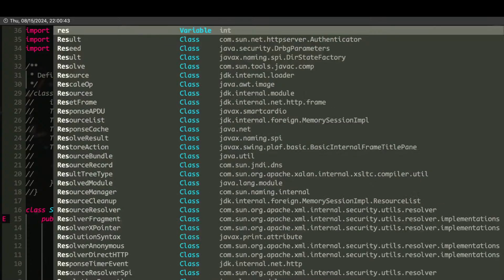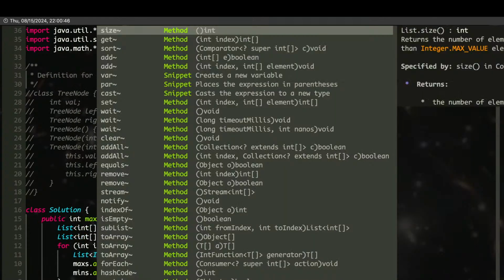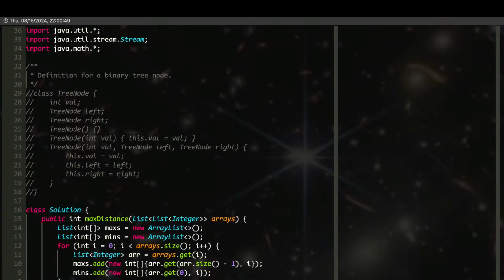So res shall equal maxes.get i 0 minus mins.get 0 0, right? Because the max is sorted in reverse, so we pick the first one. If it's not equal, now i becomes 0.